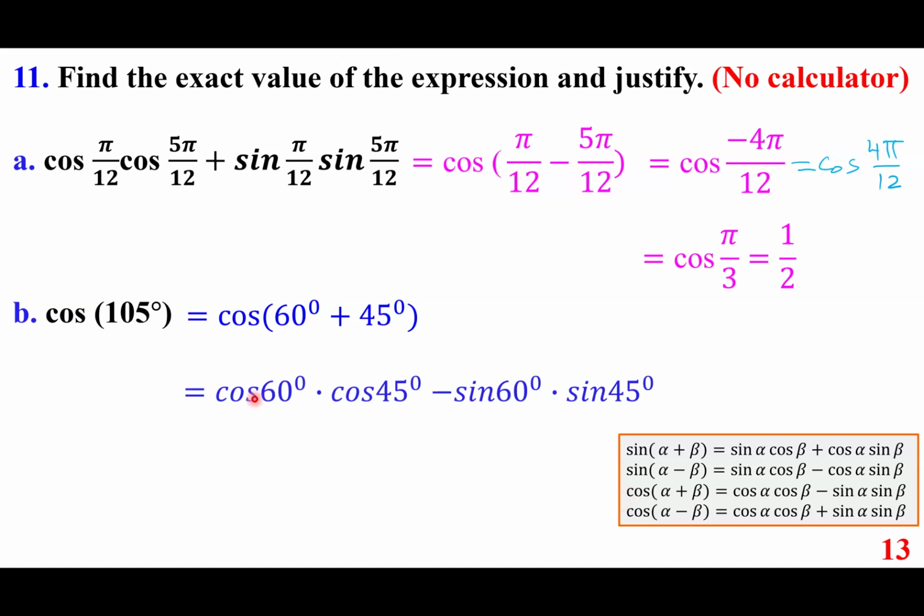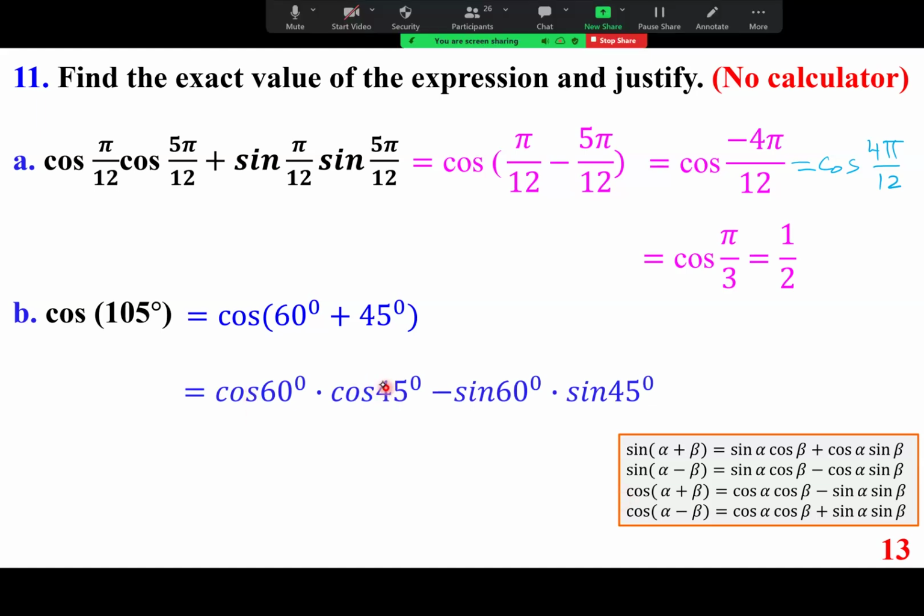So we replace this one with 1/2, this one with square root of 2/2, this one with square root of 3/2, this one with square root of 2/2. And so both of them have the same denominator, namely 4. This gives us square root of 2 minus square root of 6. Very straightforward, everybody.